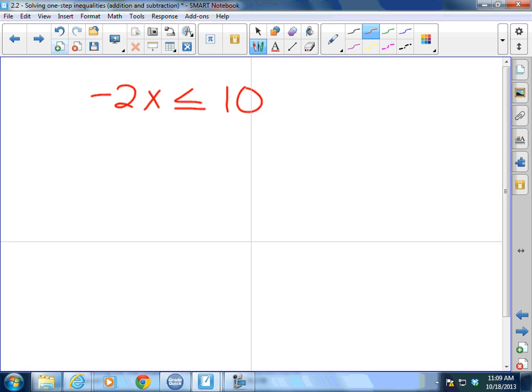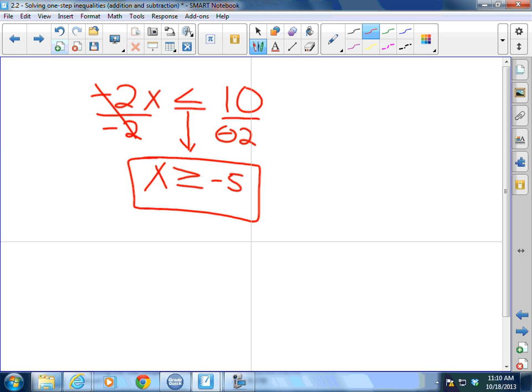So here are my words. Am I not going to divide by negative 2? So I divided by a negative here, right? So since I divided by a negative, I flipped the inequality. So then the answer would be x is greater than or equal to negative 5. That's what happens when I'm dividing by a negative.